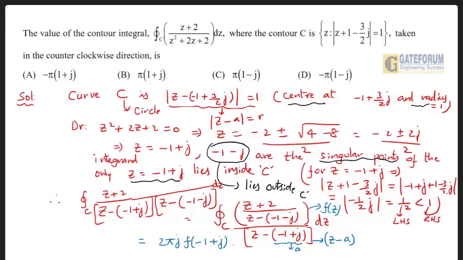Okay, so once I denote a in Cauchy integral theorem or Cauchy integral formula, that point lies inside the curve. So using Cauchy's integral formula, how do you find f of minus 1 plus j in this numerator fraction f of z?